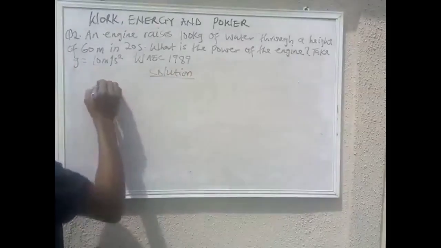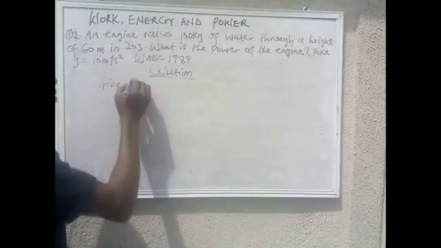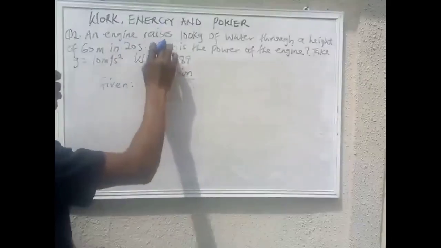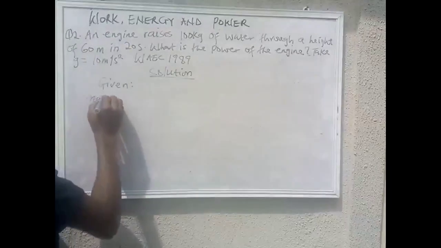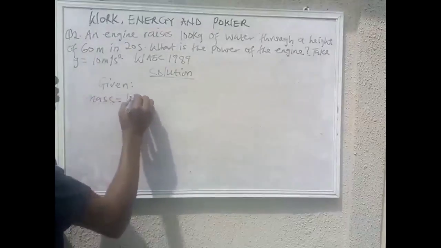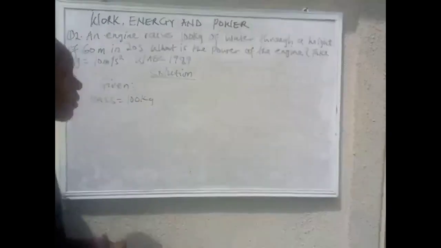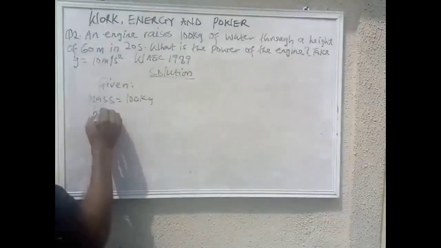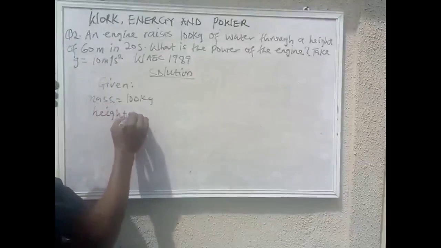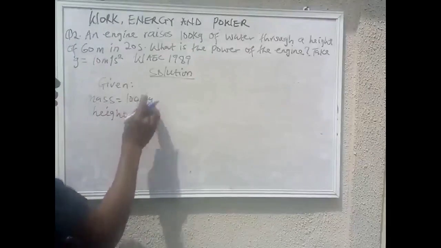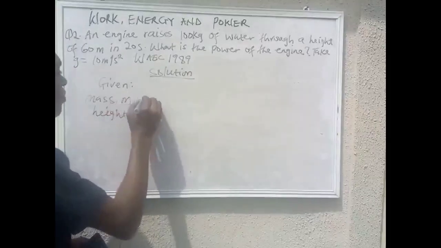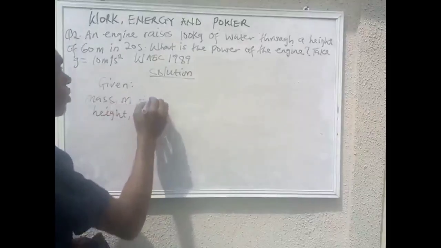Now, let's bring out what we are given in the question. The first thing: an engine raises a mass equal to 100 kilograms of water through a height. So we have H as height. Let's represent mass using M, which is equal to 100.